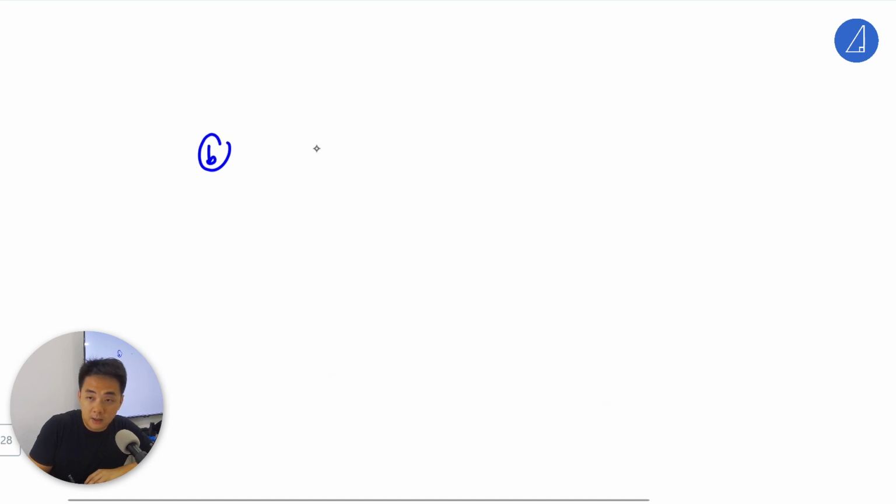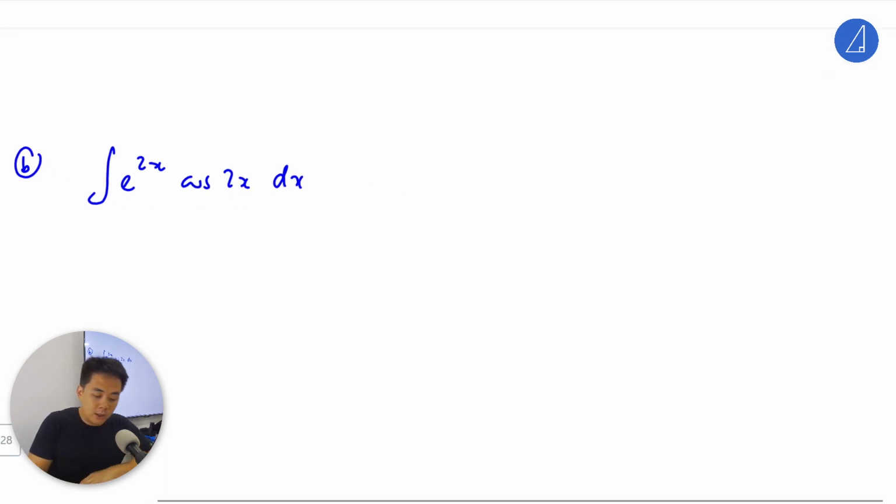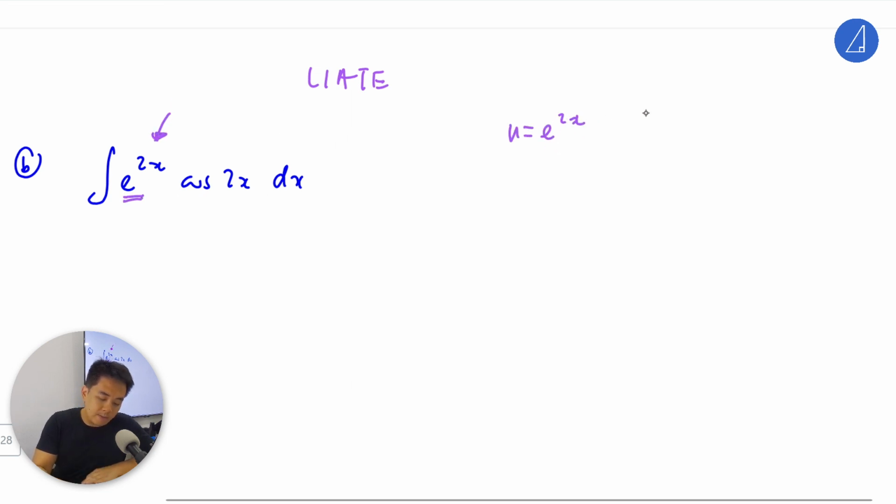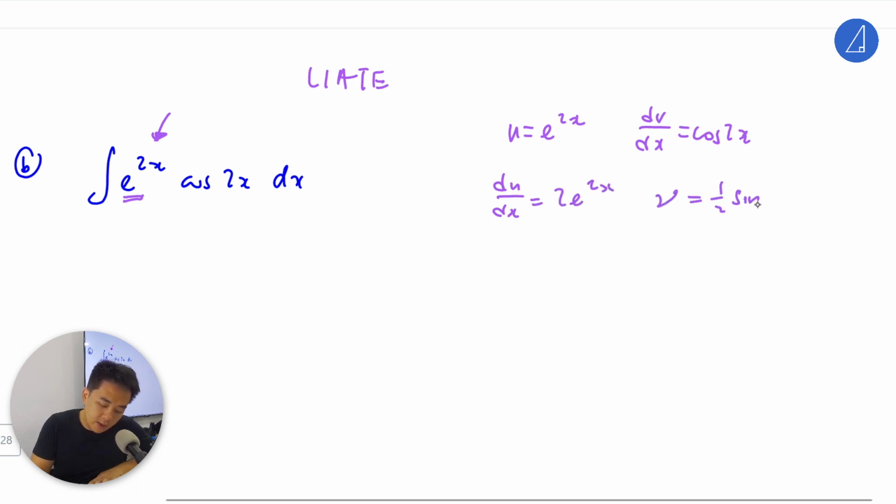So in this case, just e^(2x) cosine 2x dx. You just pick any one. It doesn't matter whether you pick u as cosine or e^(2x). But if you're using LIATE, very likely you use this as your u. So u is equal to e^(2x), dv/dx is cosine 2x, du/dx is 2e^(2x), and v is half sine 2x.